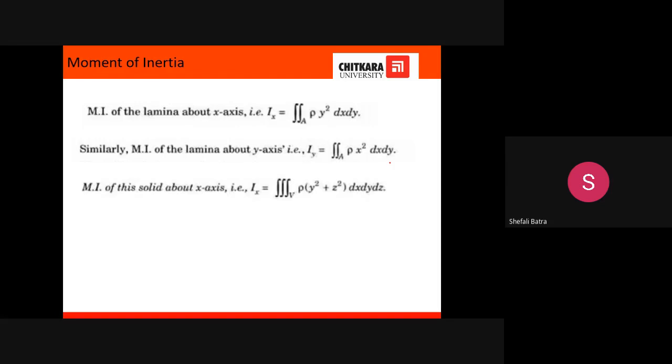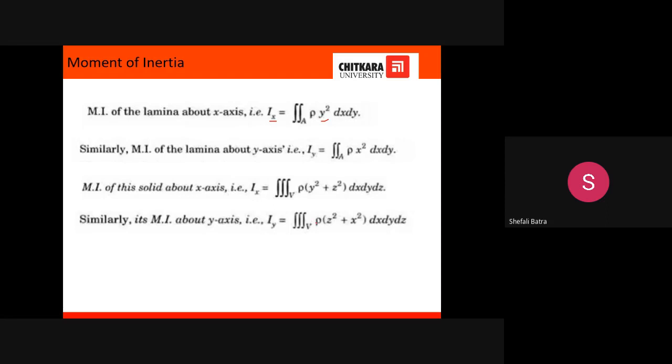Right? Similarly, for a solid, moment of inertia about x-axis. There, for the x-axis you only had the y coordinate. Now in 3 dimensions, if it is about x, you'll be writing here y square plus z square rho dx dy dz. Similarly, moment of inertia of a solid about y-axis. If you're taking y-axis, in the formula I'll be writing x square plus z square.